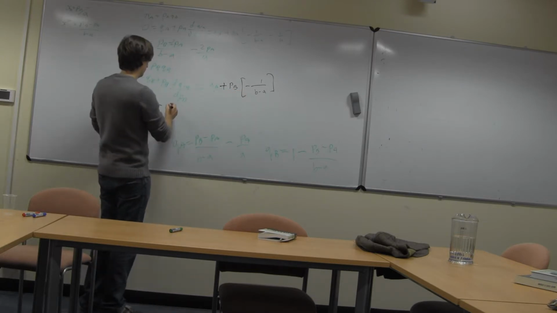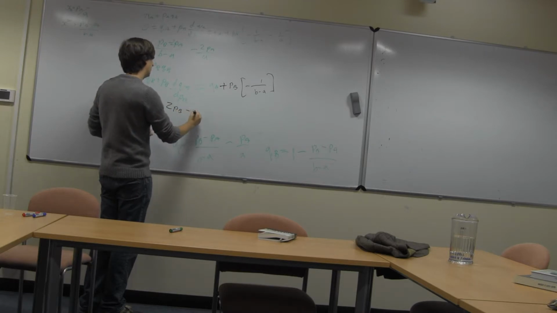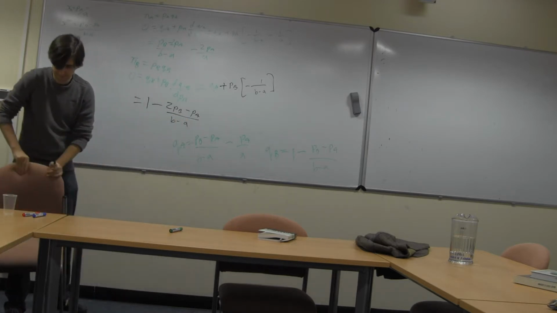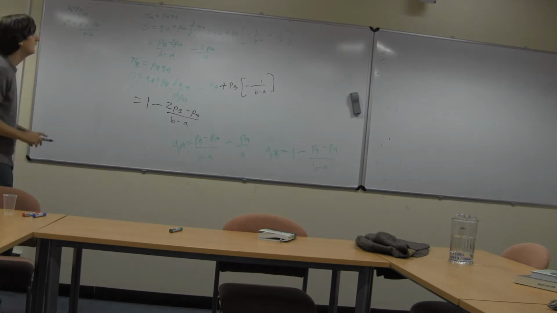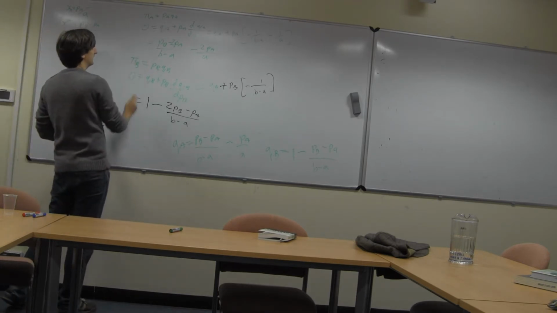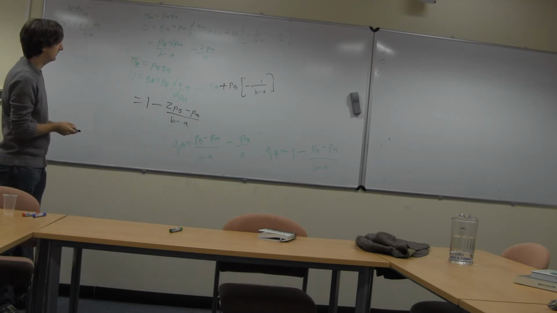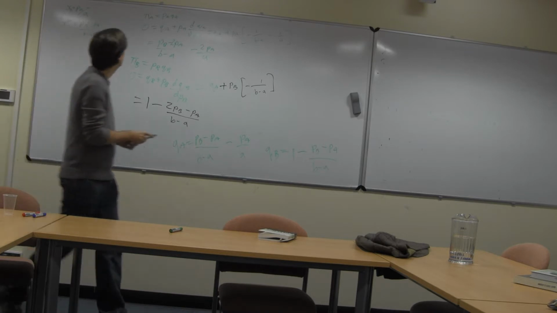Is everything okay? Yeah. So it's 1 minus 2 times (PB minus PA) over (B minus A), minus PB over (B minus A). That's right. So we've got two equations now in two unknowns. We just have to solve them to find what the prices are.